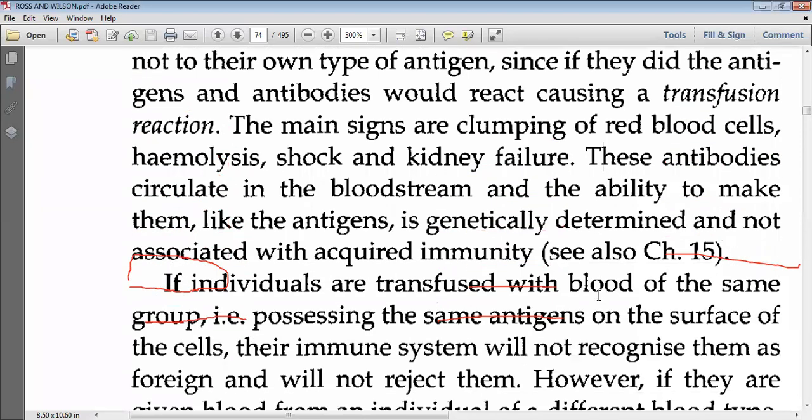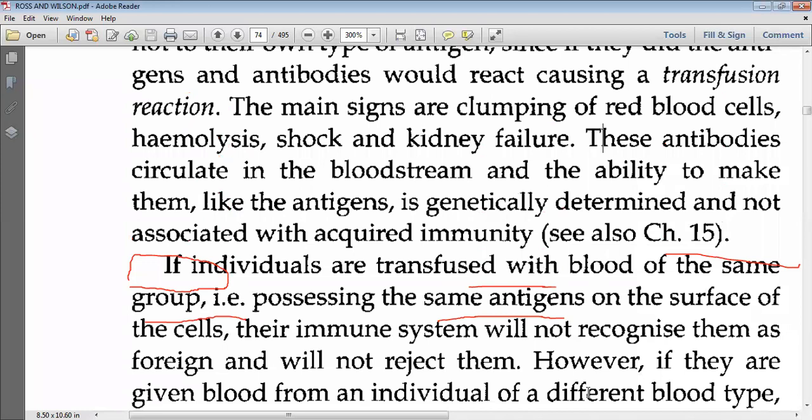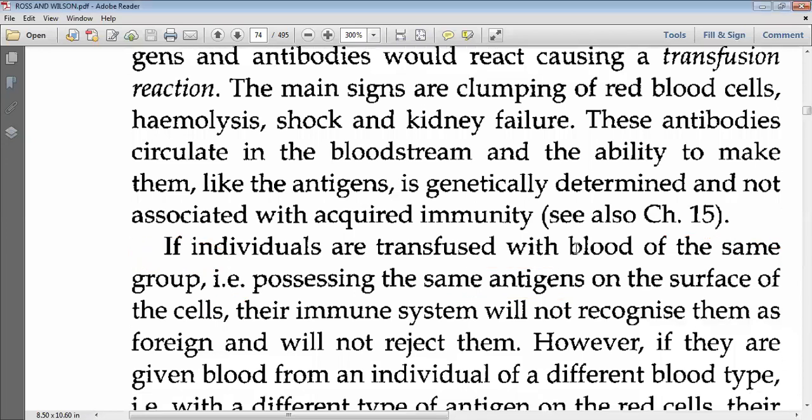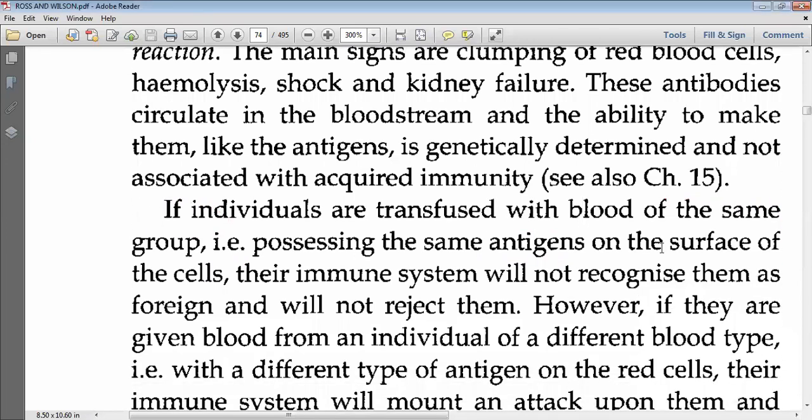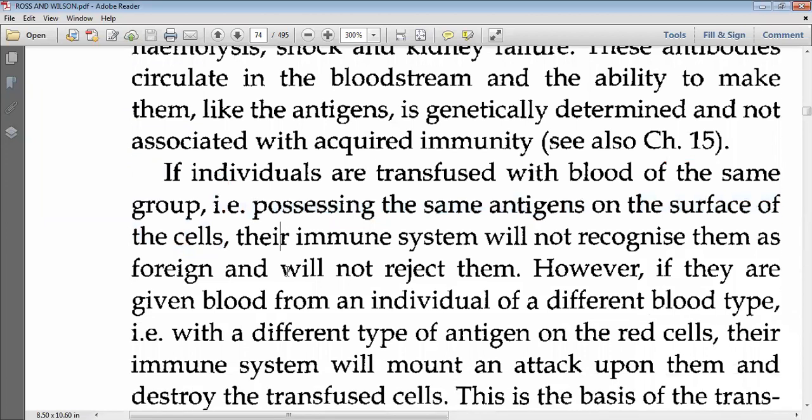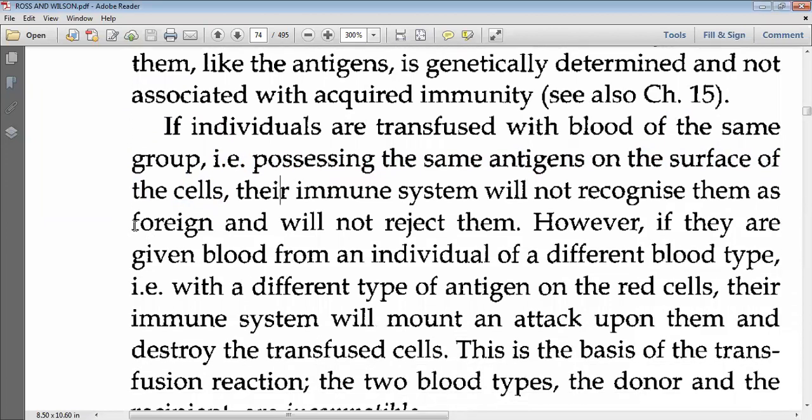If individuals are transfused with the blood of the same group, possessing the same antigens on the surface of the cells, their immune system will not recognize them as foreign and will not reject them.